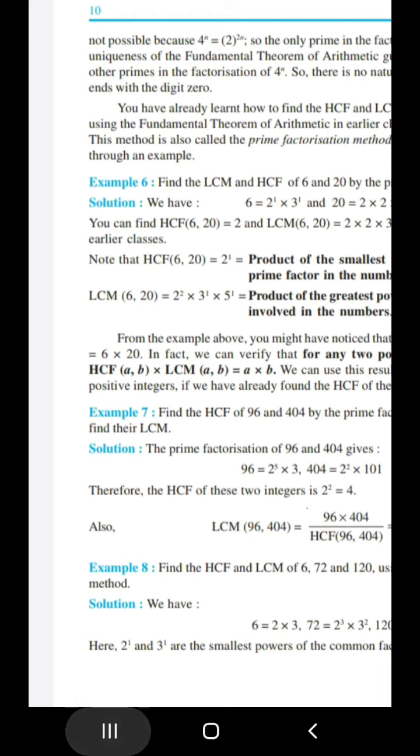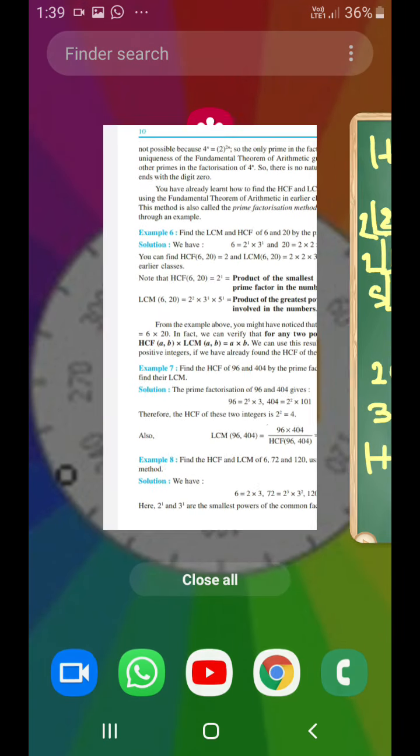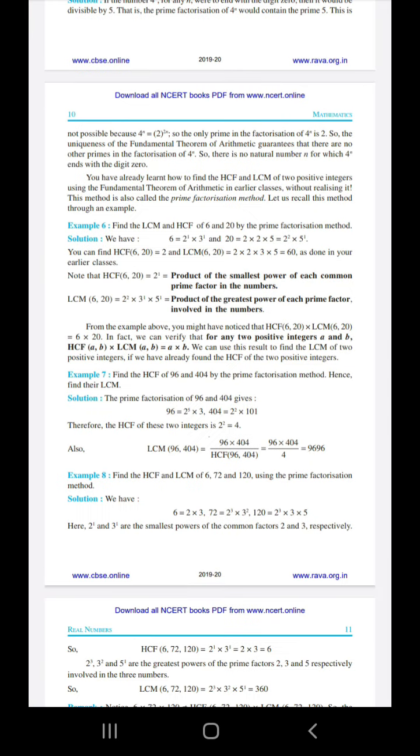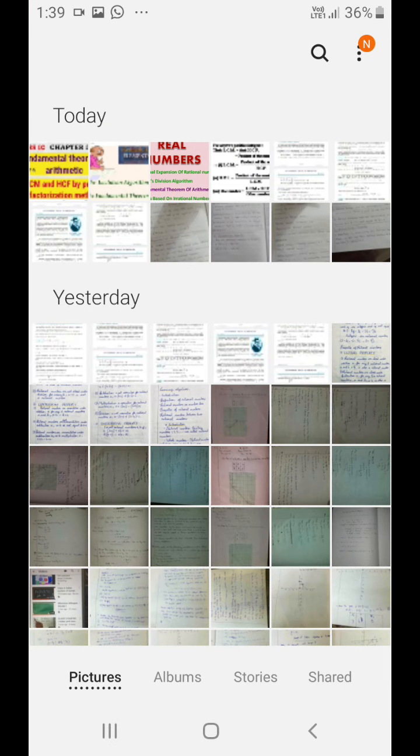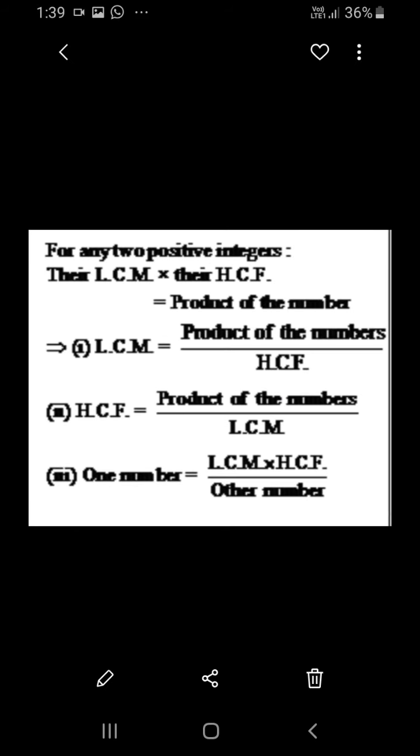All of you write this one: for any two positive integers, their LCM into their HCF equal to product of the numbers.